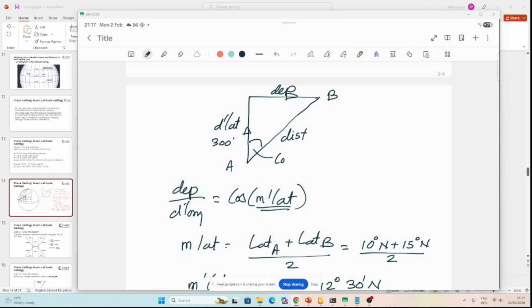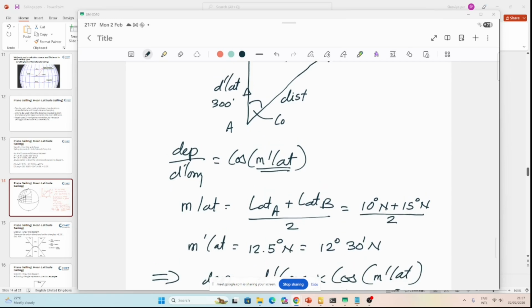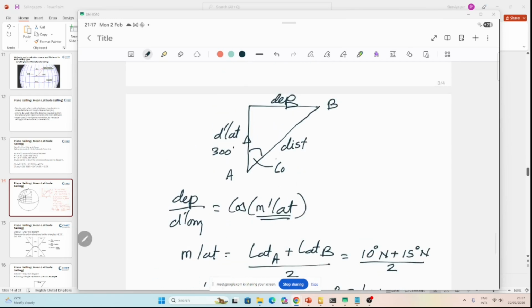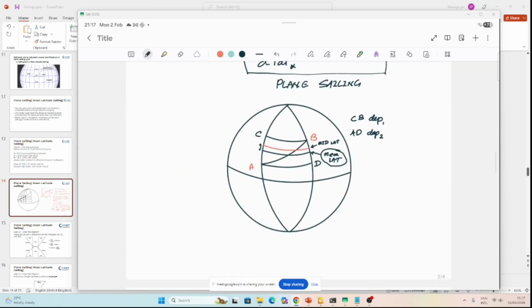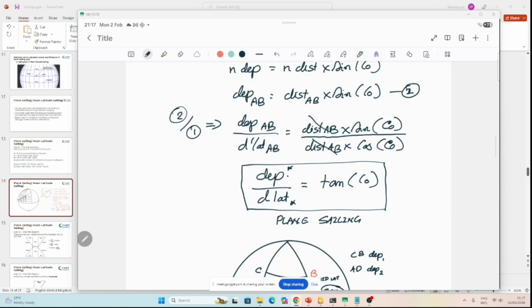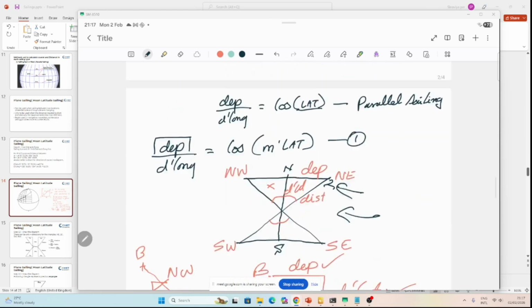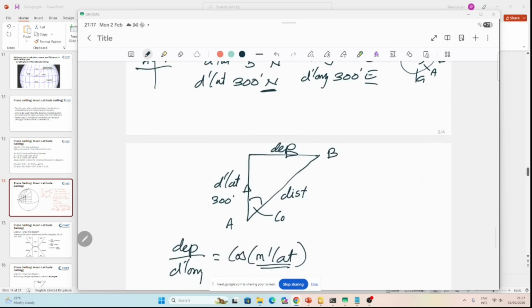So we can use the plane sailing formula. What is that? Departure divided by d is equal to tan course, right? If you can remember the plane sailing formula that we proved earlier, departure divided by d is tan course. So we can use that formula straight away here.